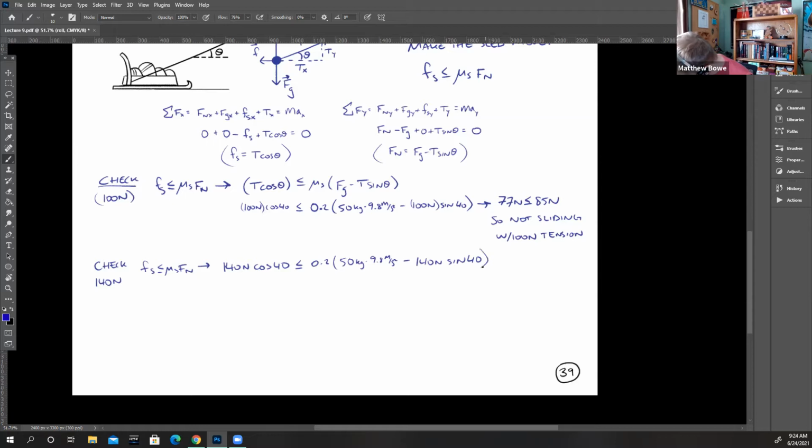We get a result of, if you were to do the calculations on both sides separately, see that 170 is less than or equal to 80 newtons.